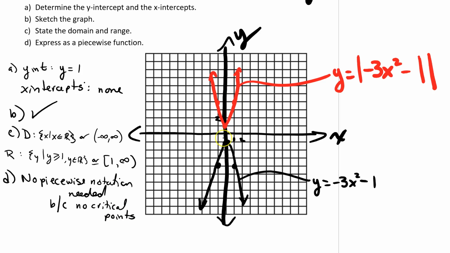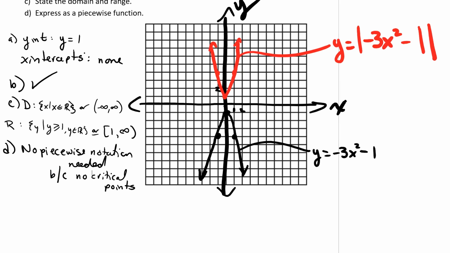Which means that there are no x-intercepts or no zeros. Okay? Because there are no critical points, there are no abrupt changes in the function. And because of that, no piecewise notation is needed.